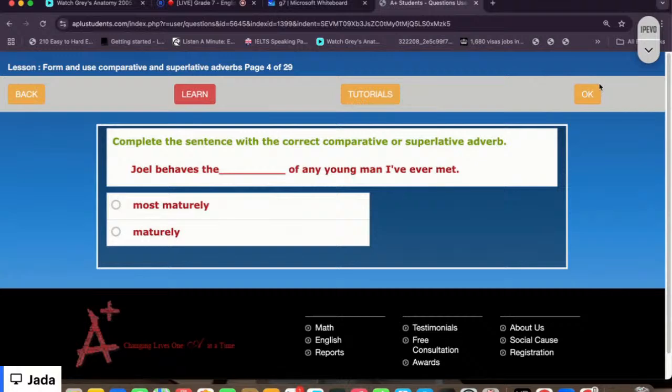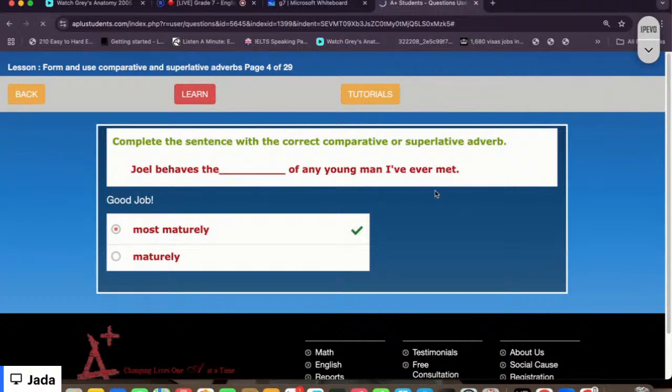Which one is the right adverb here? All right, so behaves the most maturely of any young man I have met.